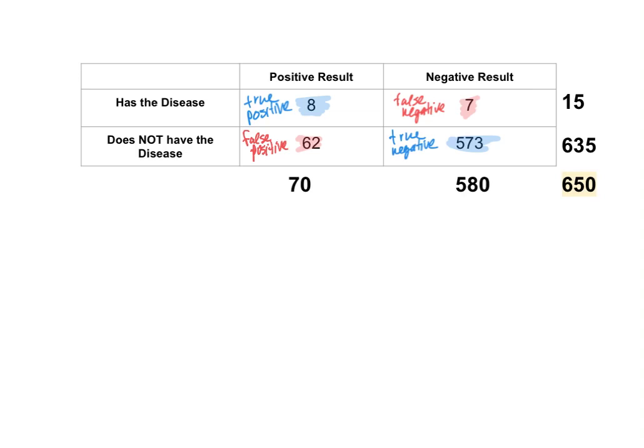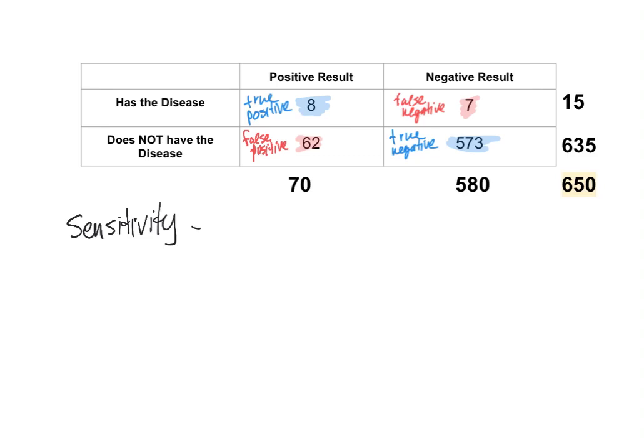Now, clearly, we want the test to be able to identify true positives and true negatives. And if that's the case, then the test is doing its job, the diagnostic test. We use the phrase sensitivity to describe one of these things. So sensitivity refers to the test's ability, or the strength of the test, to be able to identify those who have the disease.